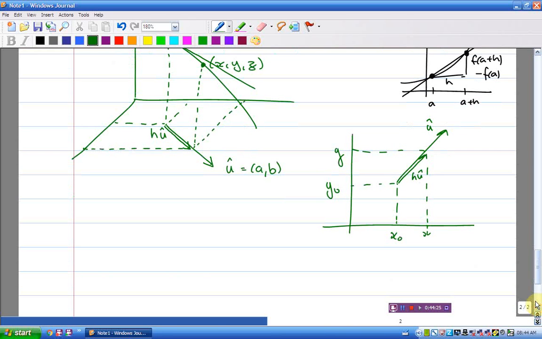But now, if you look at this, U is A, B, right? So HU is HA, HB. So this x here is x naught plus HA, and this y here is y naught plus HB.